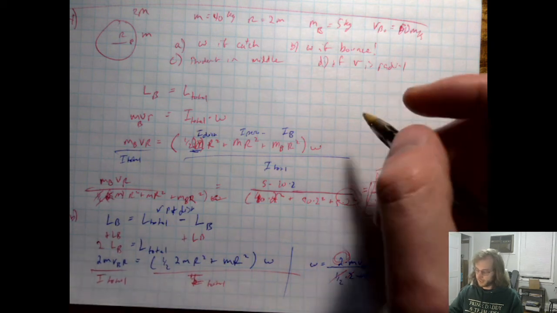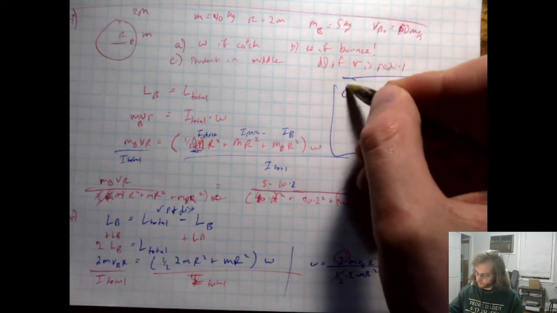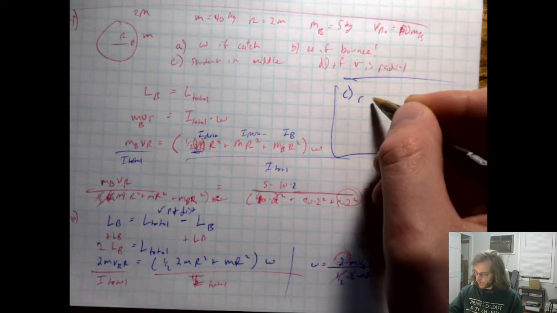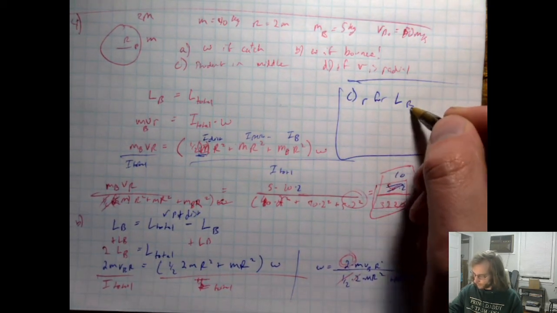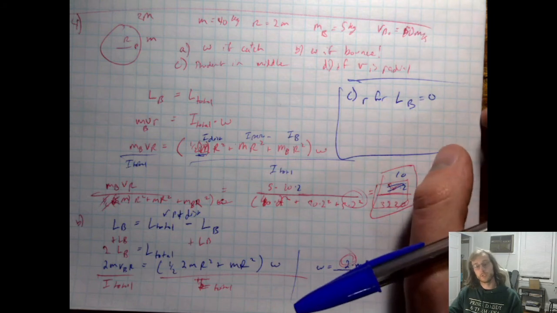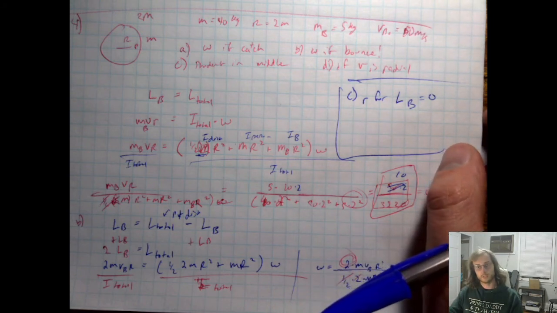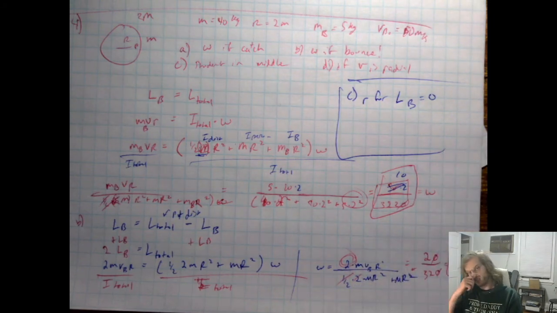For C and D, our lowercase r for the angular momentum for the ball would be 0 because it's in the center of the circle where it's getting caught. So we actually wouldn't cause the thing to rotate, we'd cause it to slide.